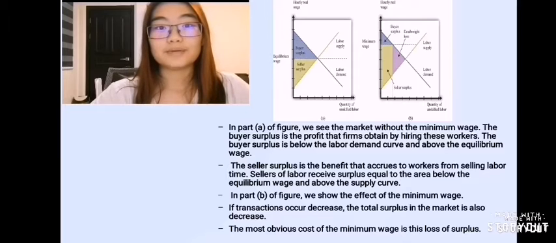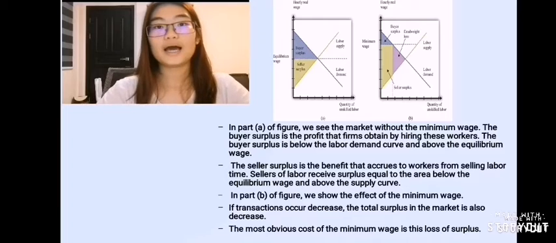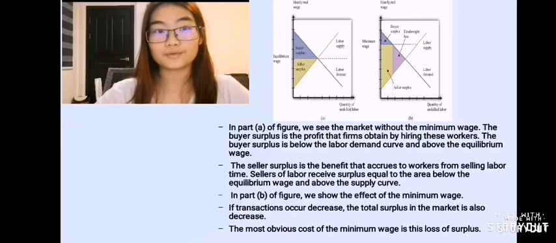The seller surplus is the benefit that accrues to workers from selling labor time. So it's the same meaning. When the market is without the minimum wage, the seller surplus is below the equilibrium wage and above the labor supply curve. In part B of the figure, it's clearly shown what the effect of the minimum wage is.